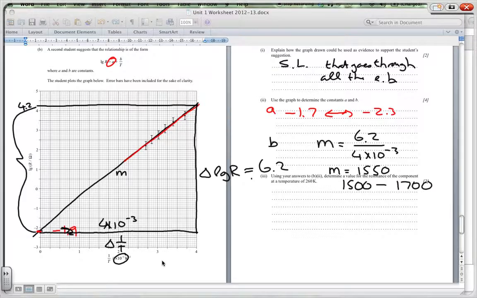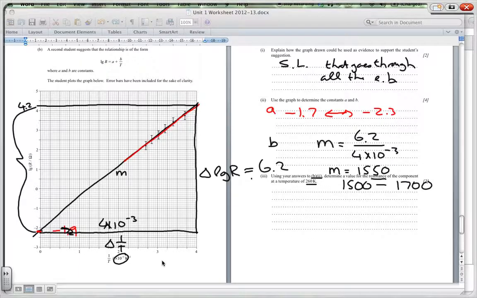And then it says use your answers in B2 to determine a value for the resistance of the component at a temperature of 260 Kelvin. So we've got our formula here that we're going to use.